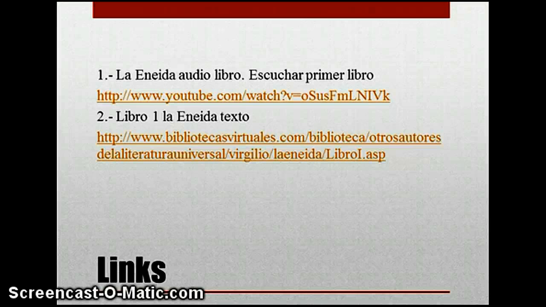Epopees are usually divided in books or songs. So you will read the first book of the Aeneid, and you will read some tales that I will leave you in the school, and we will compare. We will see the difference between these cultures and why we are in an Occidental system, because we are taking the Greek and Roman structure, and why we don't take the Eastern structure.